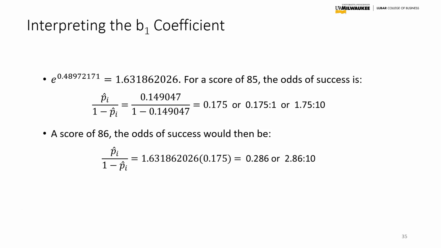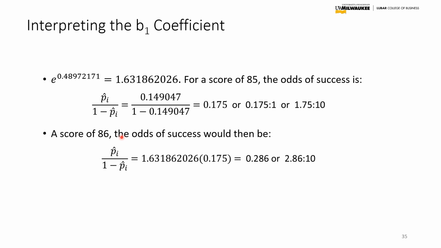In our case, b1 equals 0.489727171, giving us a multiplier of 1.63186226. We found that for a score of 85, the probability of success is predicted to be 0.149047.